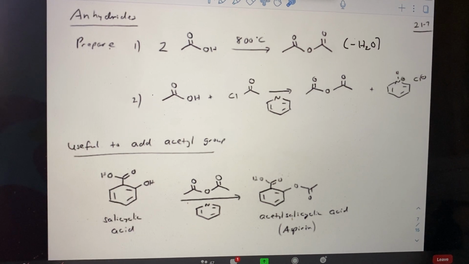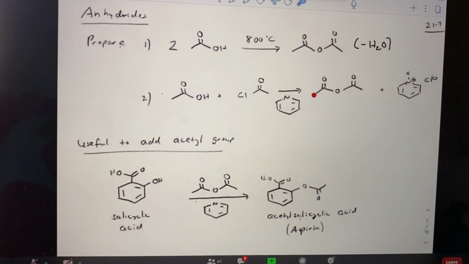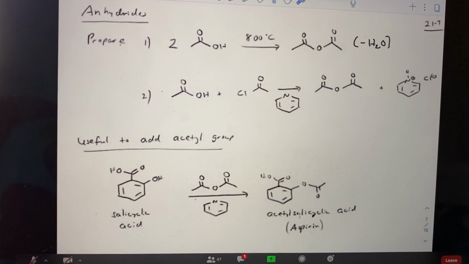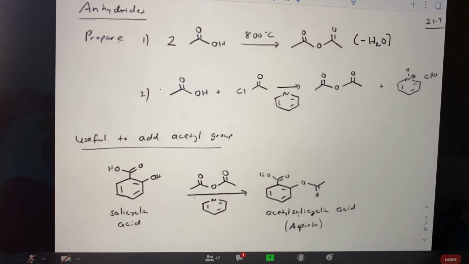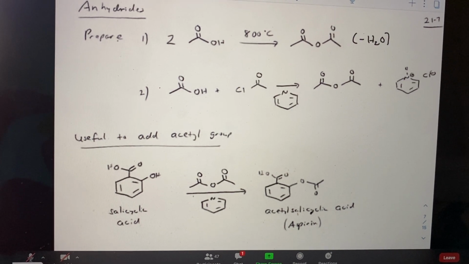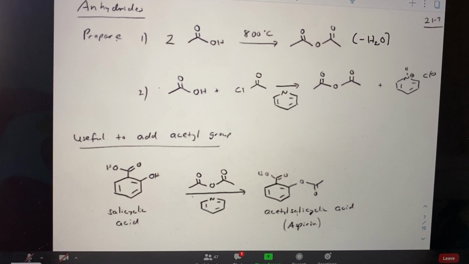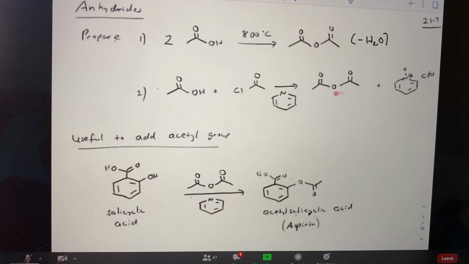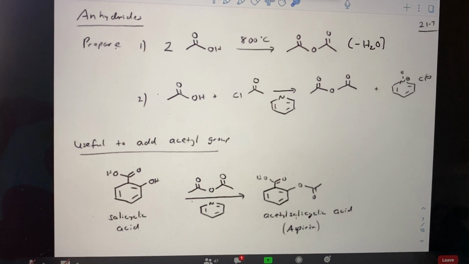One thing you'll notice about the anhydrides here is that they have the same R group, a methyl group on each side here. It doesn't necessarily have to be the same group. You could have 2 different groups. However, a lot of times that can be difficult in preparing them or the reactions because you don't know, and this gets back to Crystal's question earlier, is here you have 2 potential leaving groups. And so if they're not the same, you can oftentimes end up with a kind of a mess in your reaction.